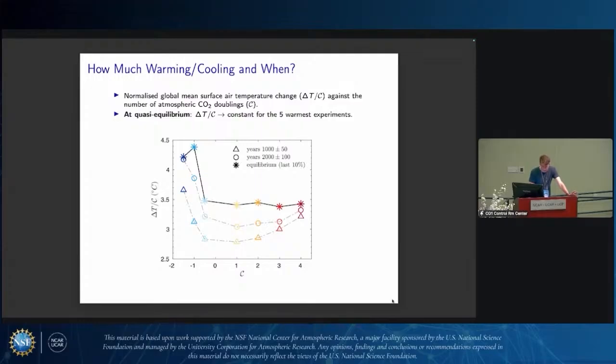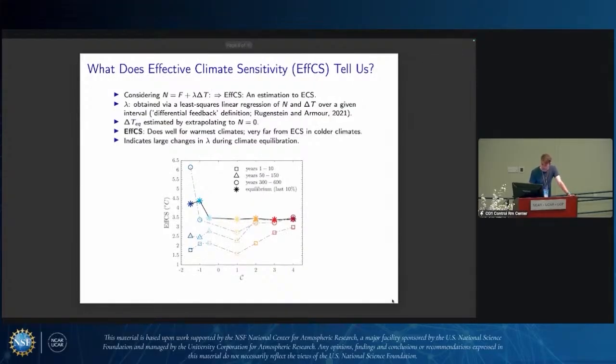So I said a lot of the estimates of ECS are based on something called effective climate sensitivity. This really starts by thinking about simple energy balance. So N, the top of the atmosphere radiative imbalance, is equal to the initial forcing plus the climate sensitivity parameter, lambda, multiplied by the temperature change.